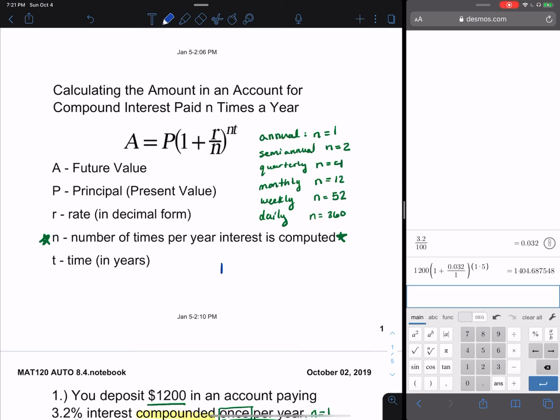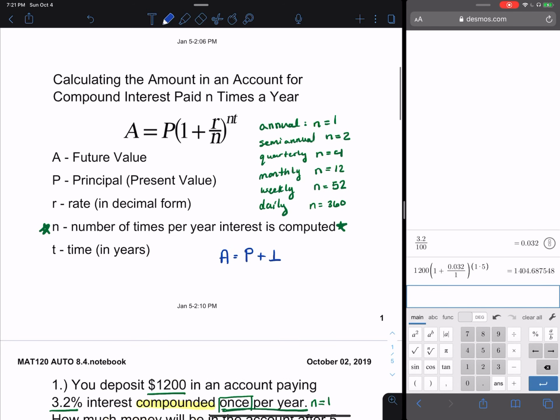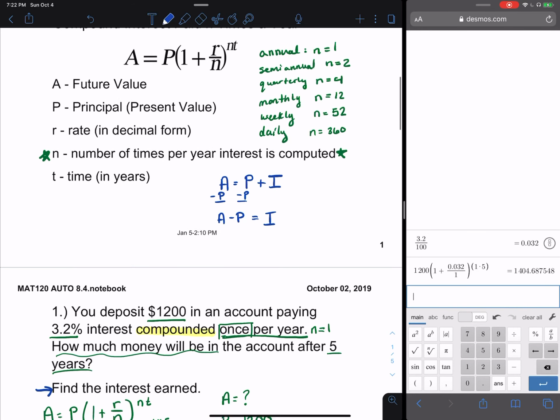We learned before that the future value was the same thing as just the principal plus the interest. So that means that if we're trying to get the interest by itself, we can subtract the P from both sides. So that means that our future value minus the principal is what gets us the interest.